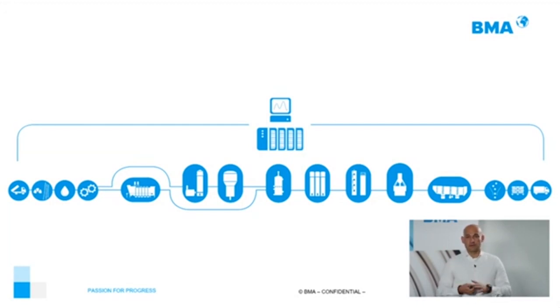We have two kinds of centrifuges, as you know. Continuous centrifuges, which are working all the time processing intermediate products, and batch centrifuges, which are producing the end product, the end sugar that we want to sell.